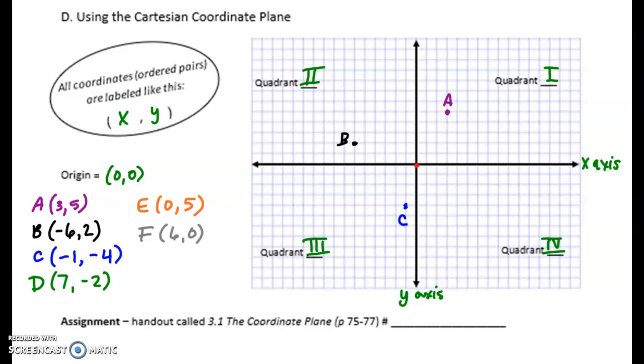D at +7 on the x-axis. Whoops, I shouldn't have written that down. And -2, sorry, right there.